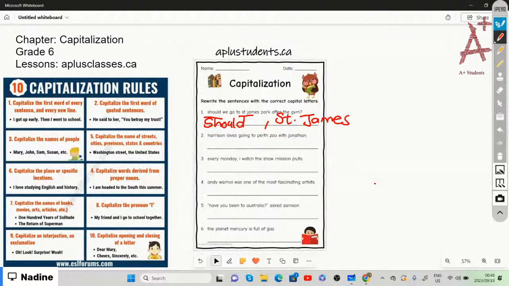Harrison loves going to Perth Zoo with Jonathan. So now we need to identify the capitalization error. These are the words that need capitalization, starting with Harrison.